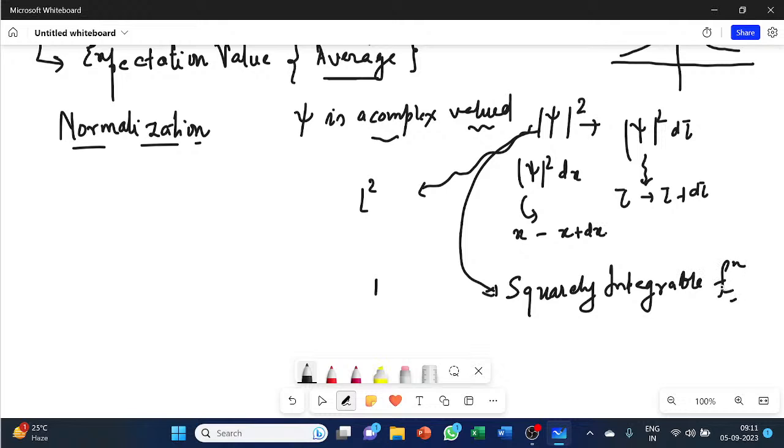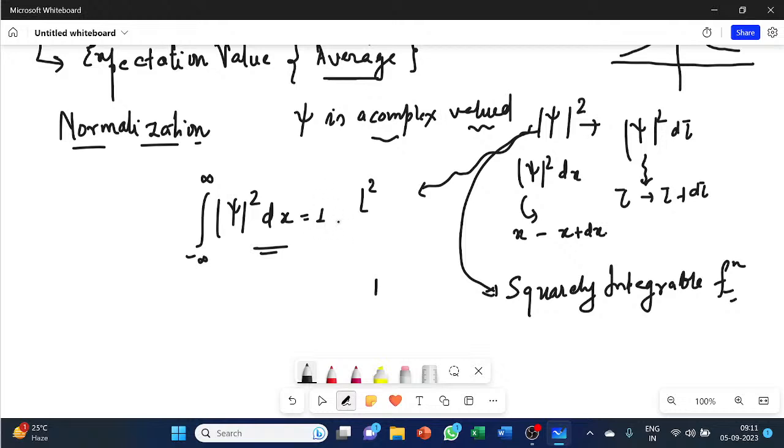Okay, this is one thing. Now, having said all this, why do we need this squarely integrable function? Because in order to find a particle somewhere in space, if I say my particle is somewhere in the space, this probability should be 1. This probability should be finitely governed.